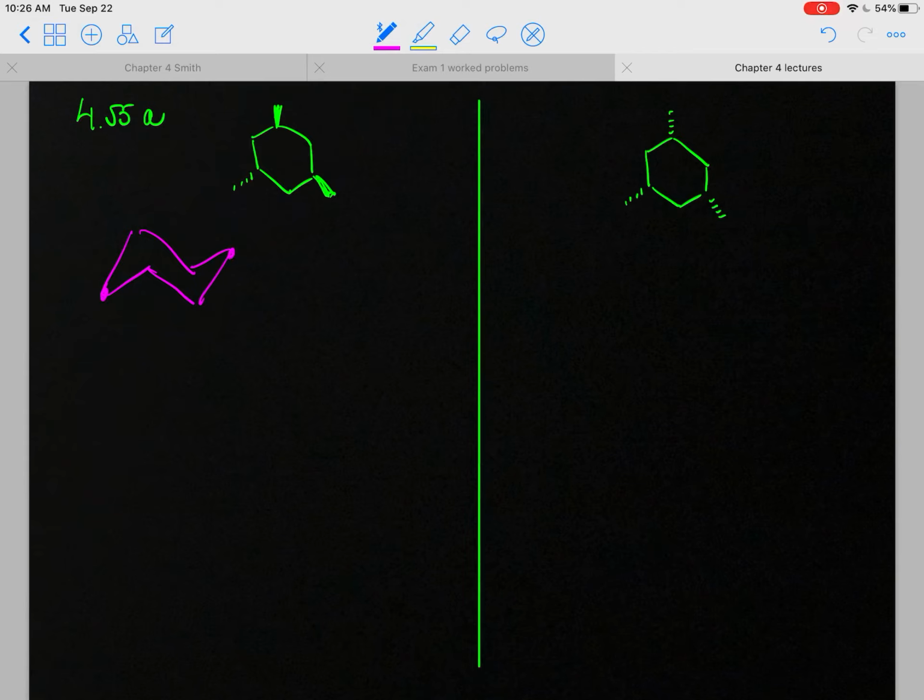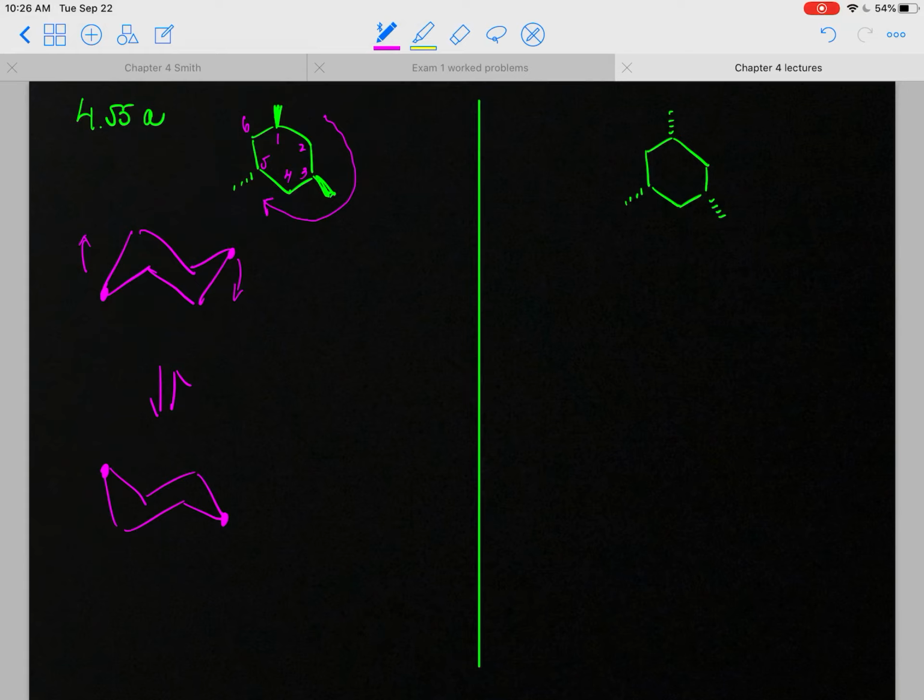Remember how we have the two edge carbons, and we rotate them in such a way to flip and generate the two different chair conformations. It's a good idea, especially when you get to chapter 5, to always number the systematic way.